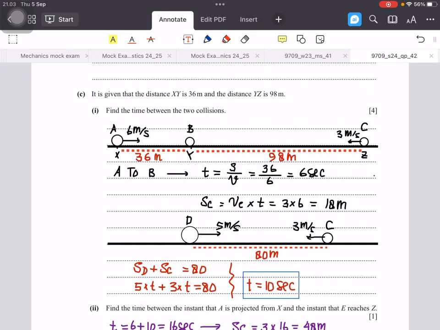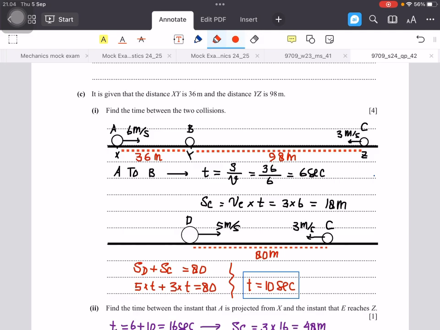Part C. It is given that the distance XY is 36 meters and the distance YZ is equal to 98 meters. Find the time between the two collisions.